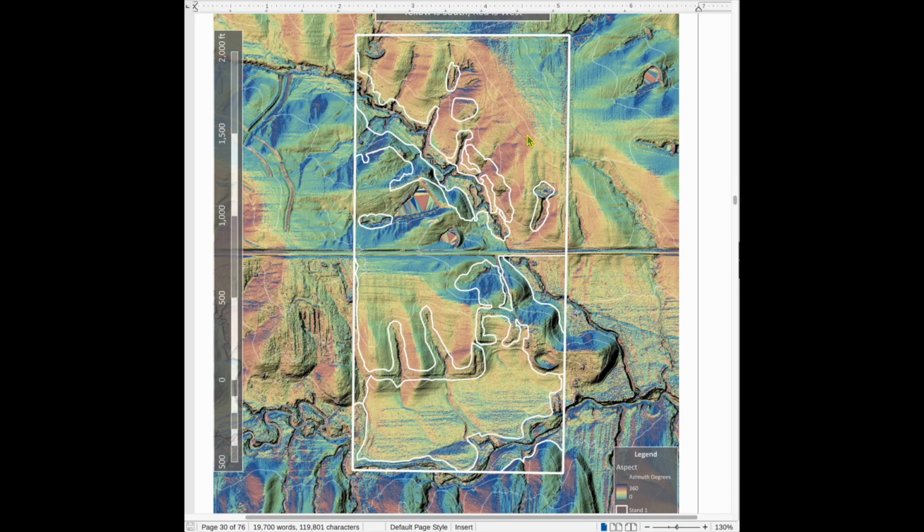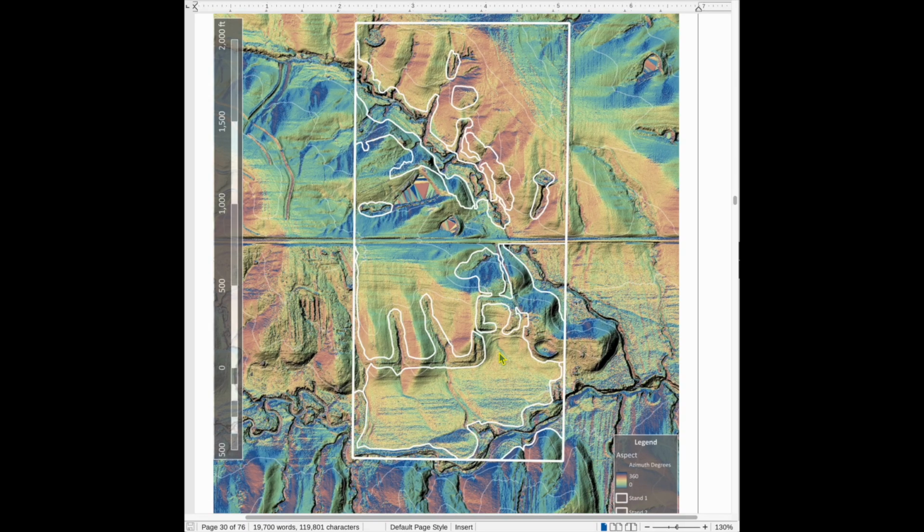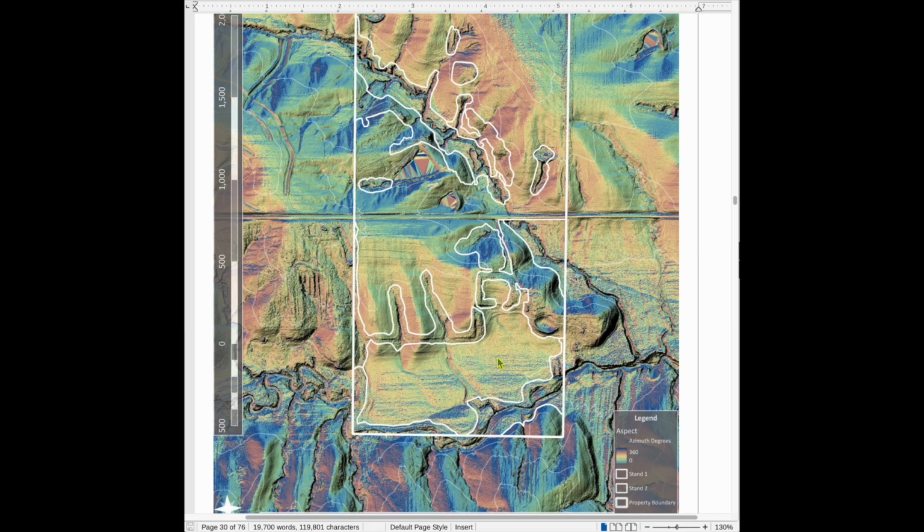And then over here, the slope is facing to the west, and that's what the red is. The blue is facing to the north, and the green is facing to the east. This is not that useful on this property because we don't have a lot of topography on this property. But on properties with a lot of topography, these maps can be really useful.